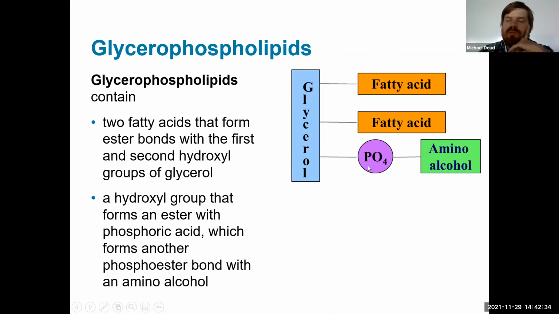So PO4 should look familiar. Remember, PO4 with a 3- charge is phosphate. In organic compounds and in biological chemistry, phosphate forms really important linkages, for example, in the backbone of our DNA, and also here in glycerophospholipids. The phosphorus takes the place, basically connecting the glycerol to an amino alcohol.